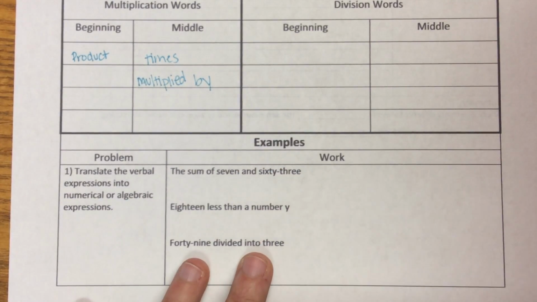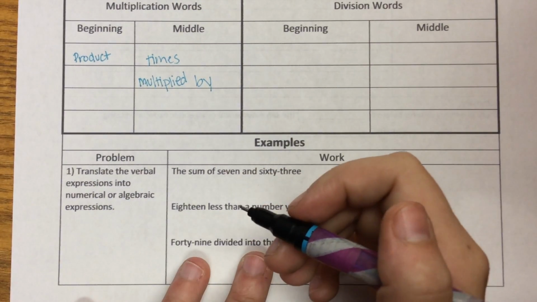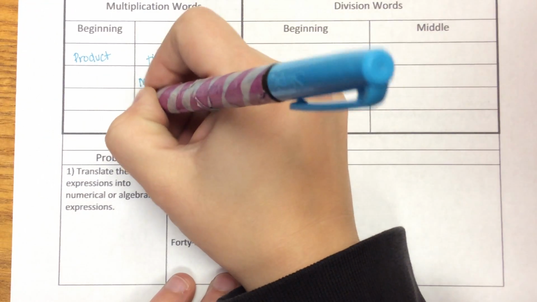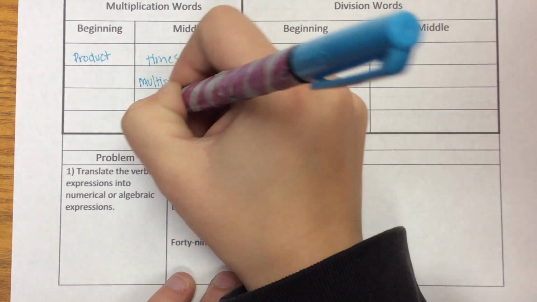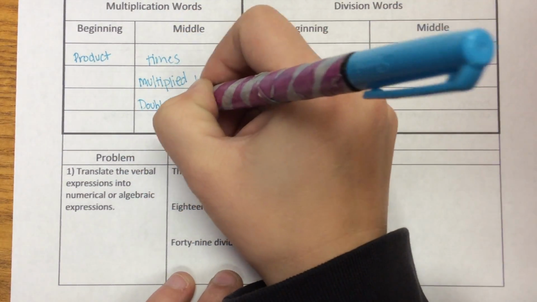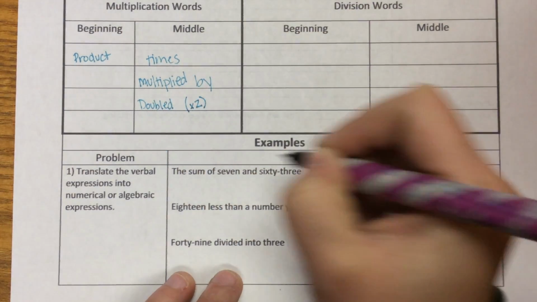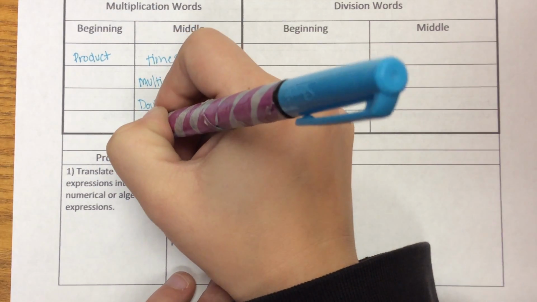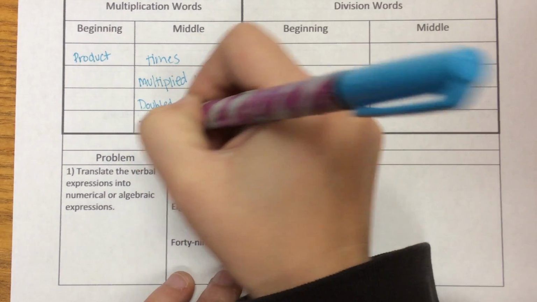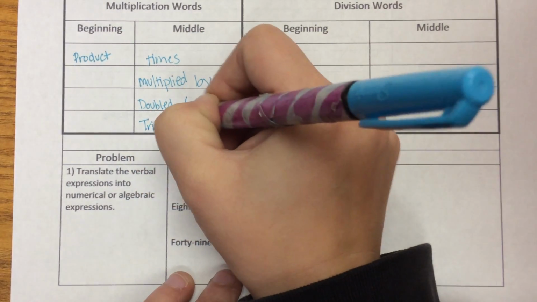Okay, and then we can also say doubled. But doubled only works if we're multiplying something by 2. Okay, we can also say tripled, but that only works if we're multiplying something by 3.